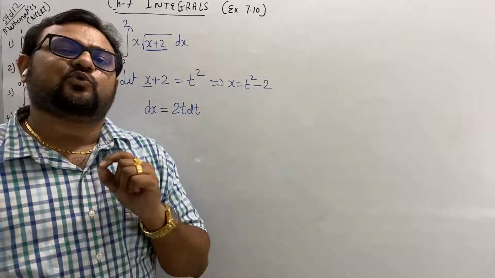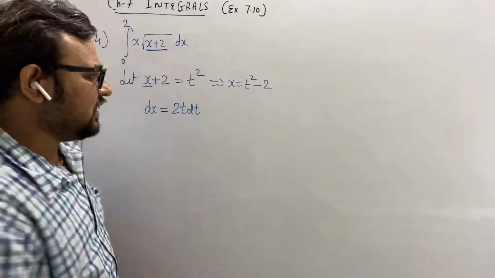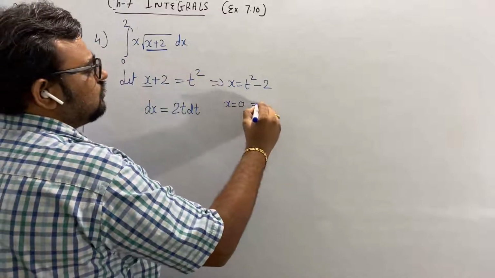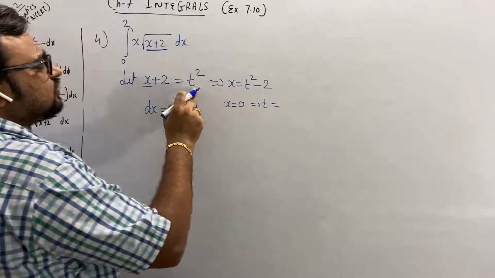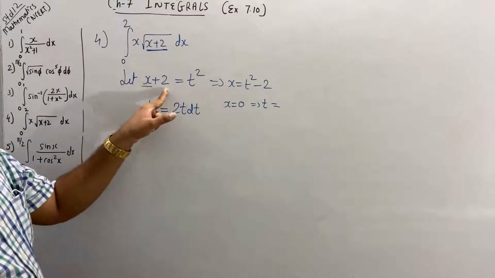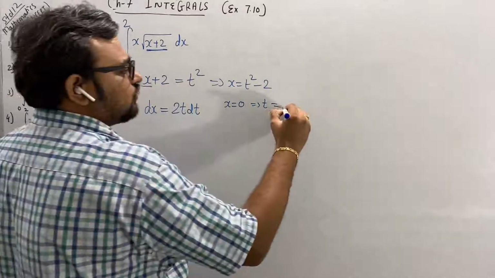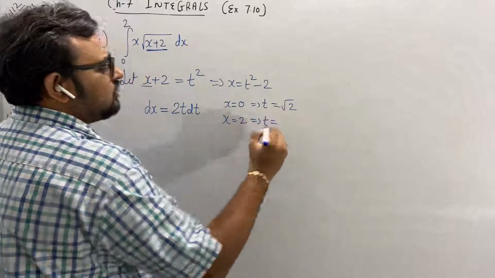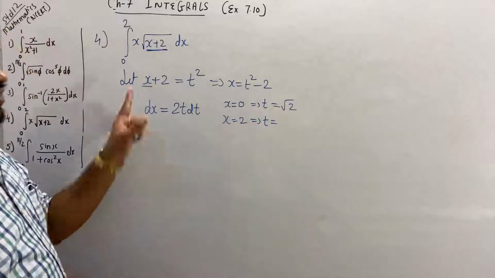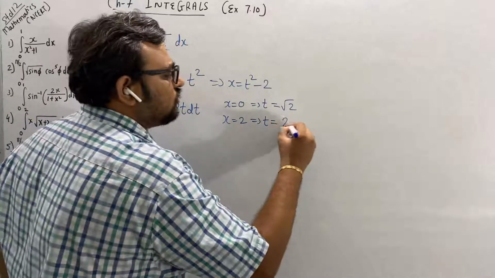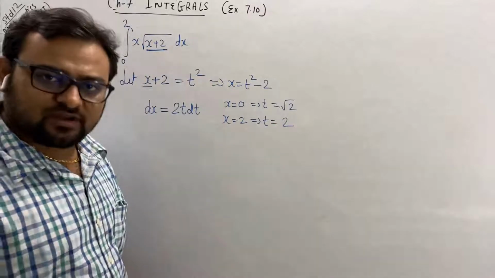Now time to replace the upper and lower limit. So when x is equal to 0, t is equal to, okay, what will be t? 0 plus 2 and square root, so square root 2. When x is equal to 2, t will be equal to 2 plus 2, 4, t square equal to 4, so t will be equal to 2. Clear?